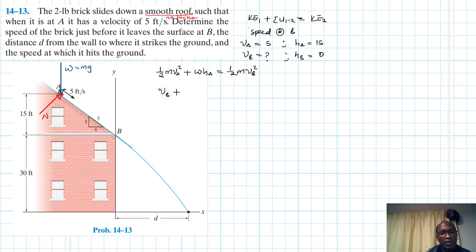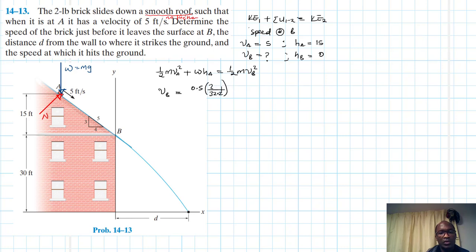So our VB is just going to be equal to the square root of 0.5 M VA squared plus 2 by h, which is 15, divided by 0.5 M. Let's put numbers there. Our M is just 2 divided by 32.2.